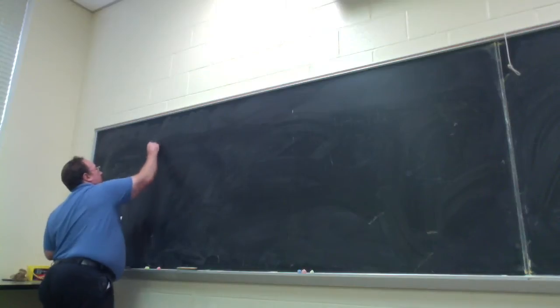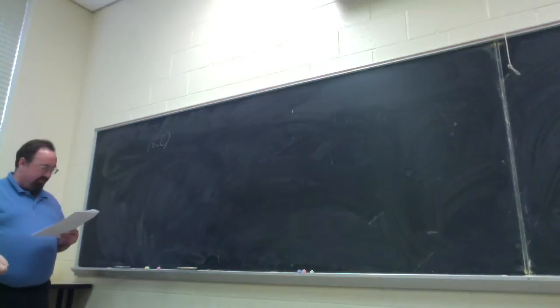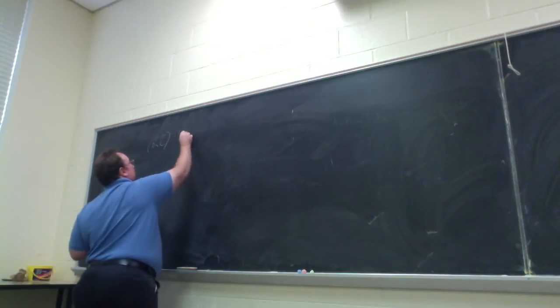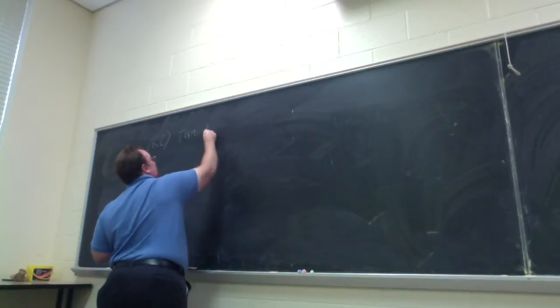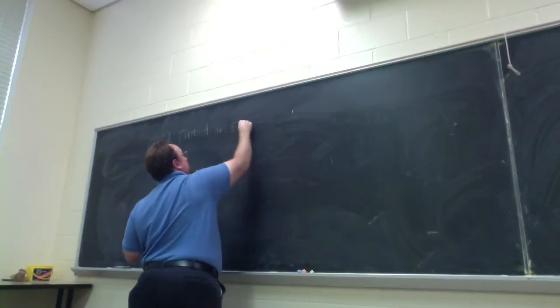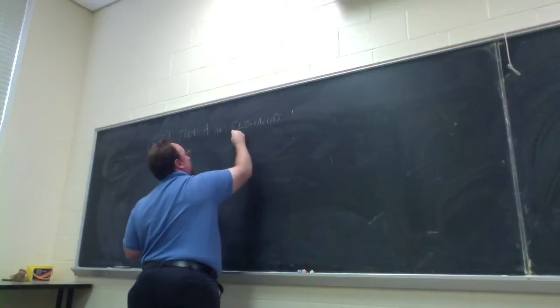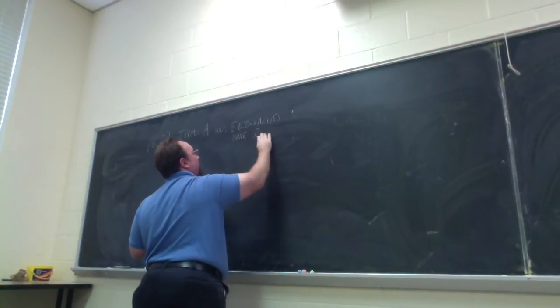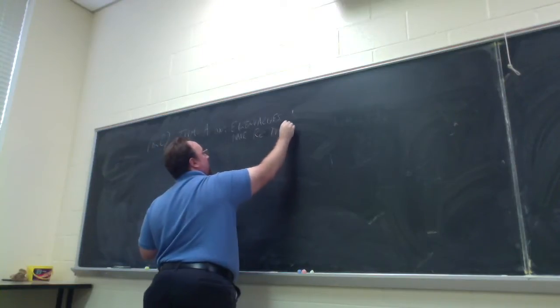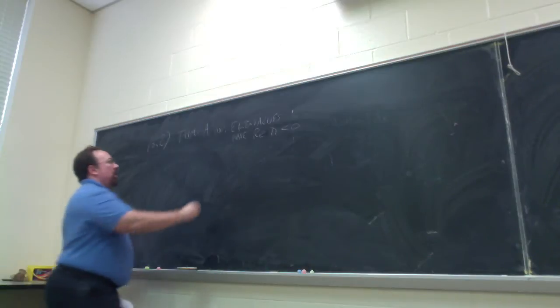So we're still in section 6.2. So the theorem that I stated last time: A is n by n, eigenvalues satisfied with the real part negative for all eigenvalues.